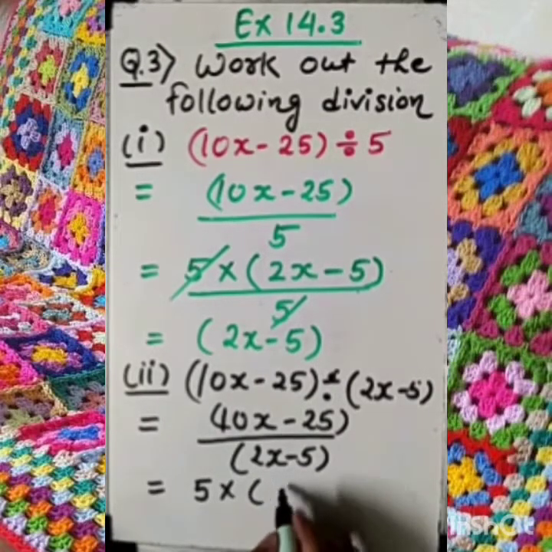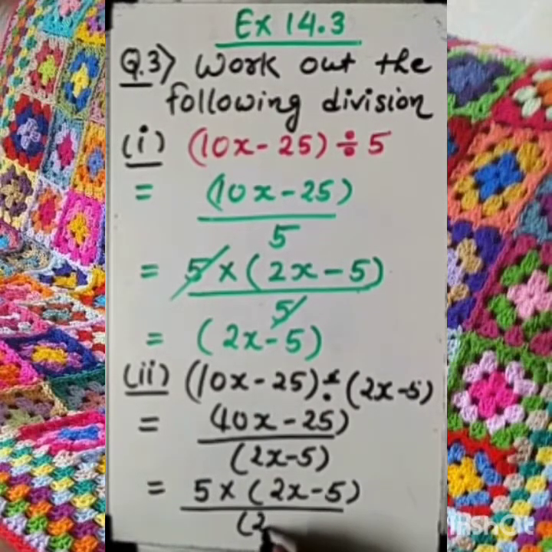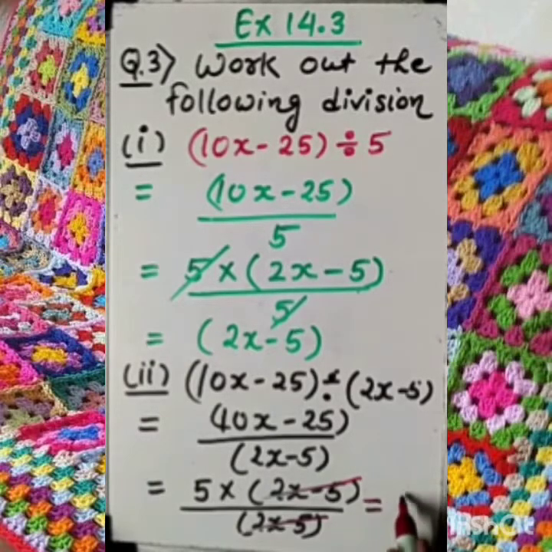So inside the bracket 2x minus 5 will be left. And in the denominator this time we are given 2x minus 5. You can see in the numerator 2x minus 5 will be cancelled with the denominator 2x minus 5. So the remaining term is only 5.